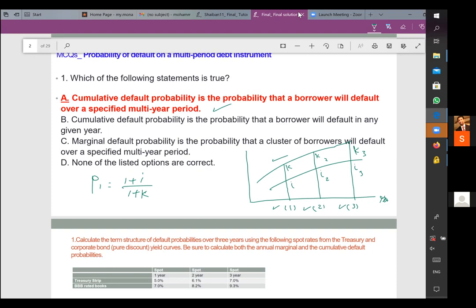And when we say that, that means we have to calculate B1 and B2 and B3. So this is the 2, and this is the 3, 1 plus I3, 1 plus K3.